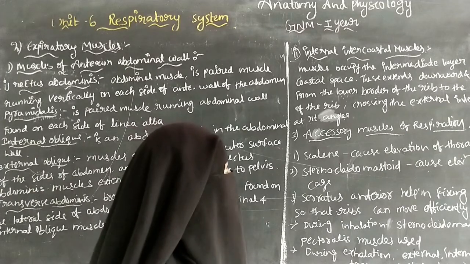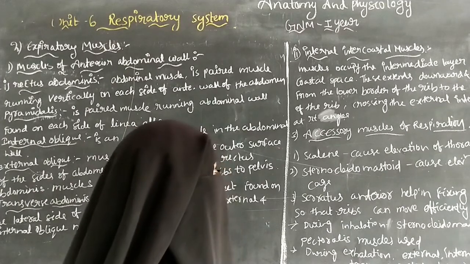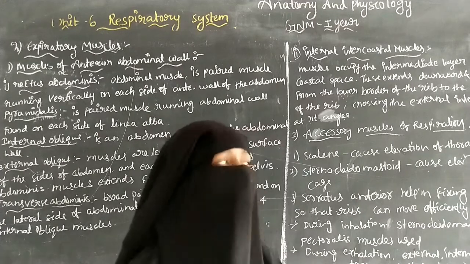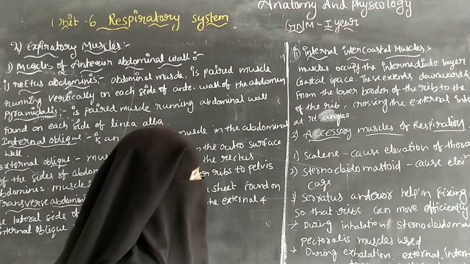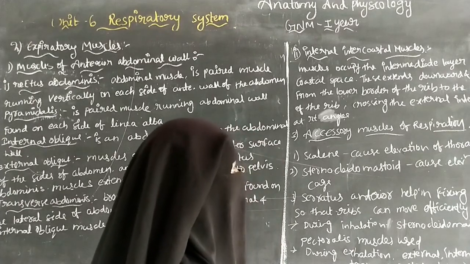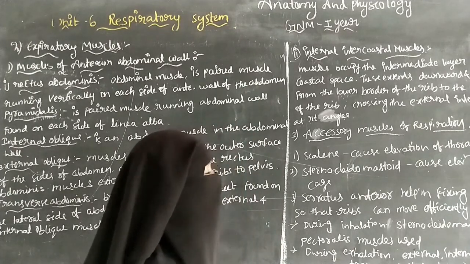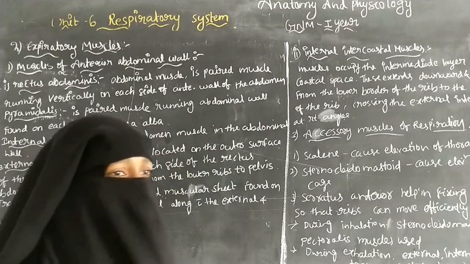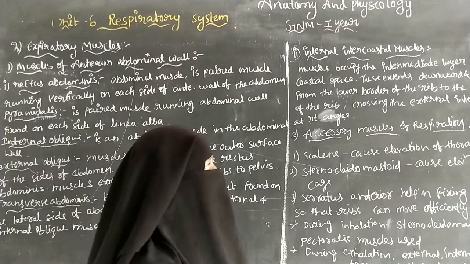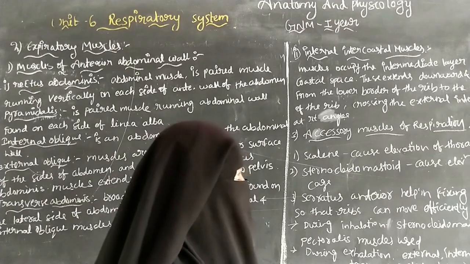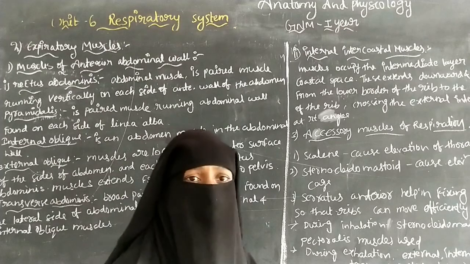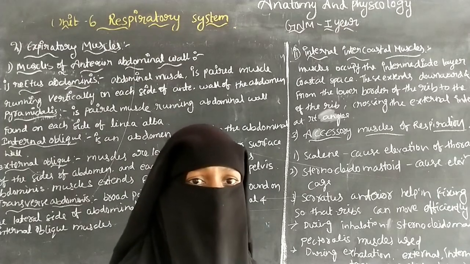From this intermediate layer, the internal intercostal muscles extend downward and backward from the lower border of the rib to the upper border of the rib.